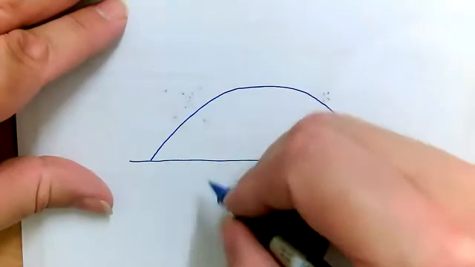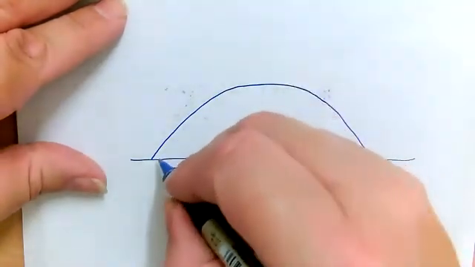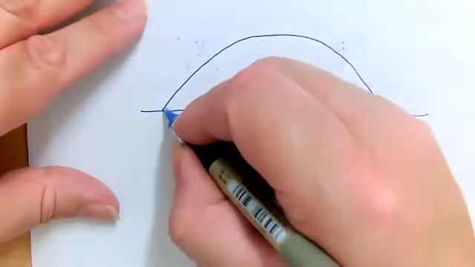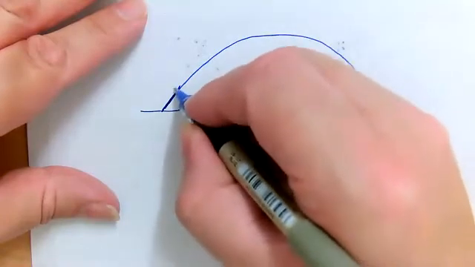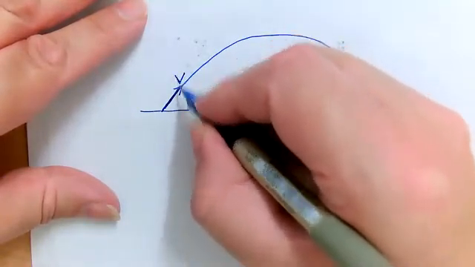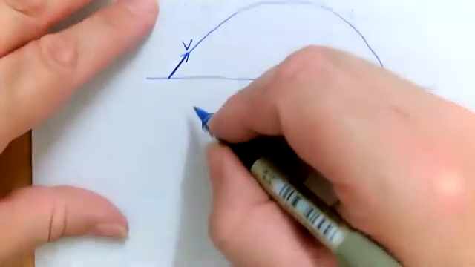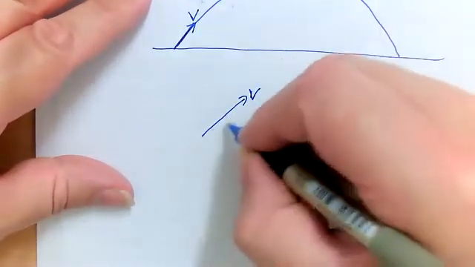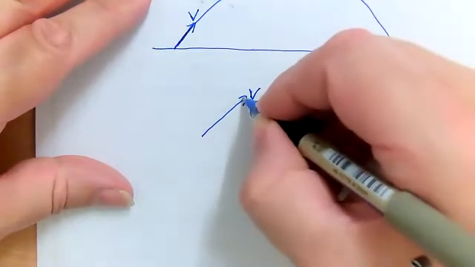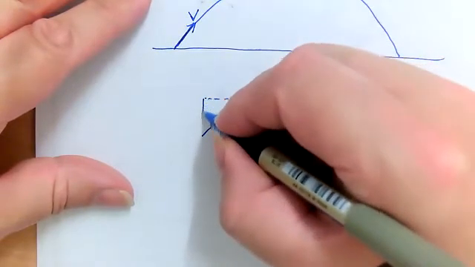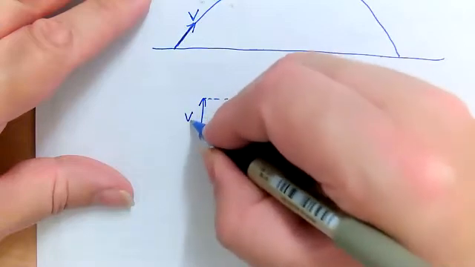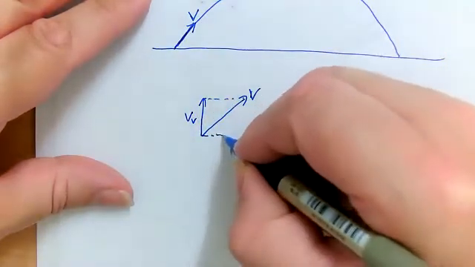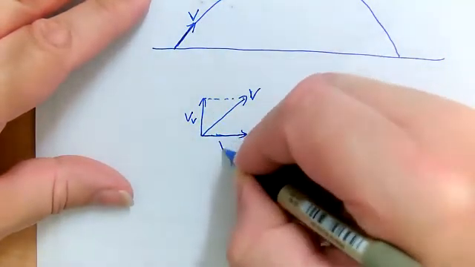As it's launched and falls under gravity, it's launched with an initial velocity v, and that velocity has a vertical component and a horizontal component.